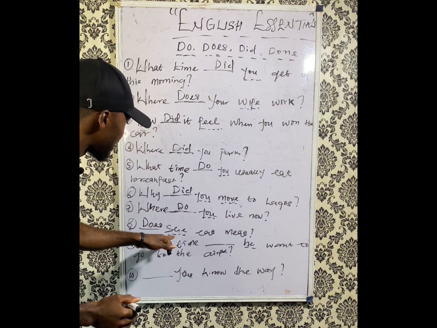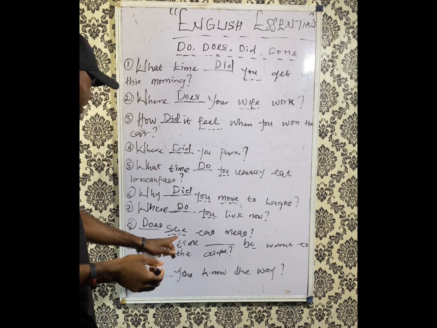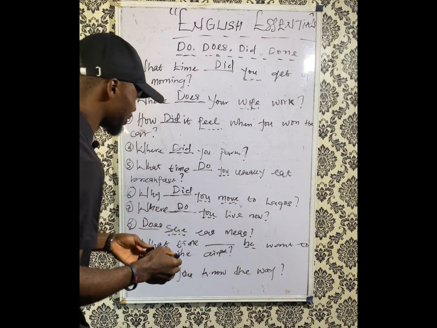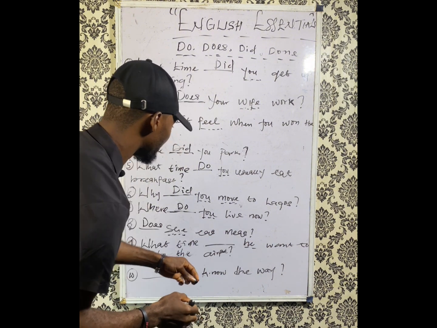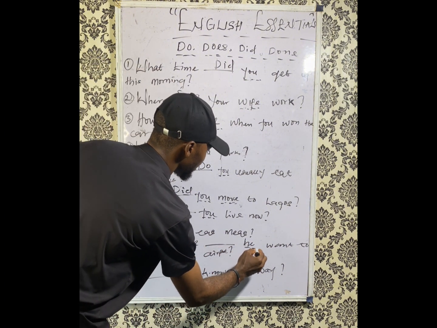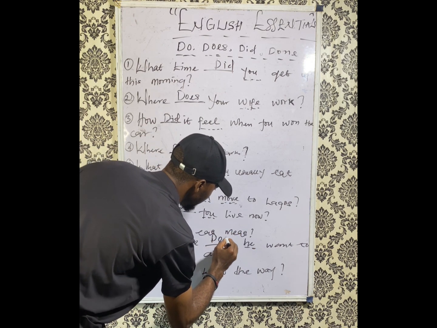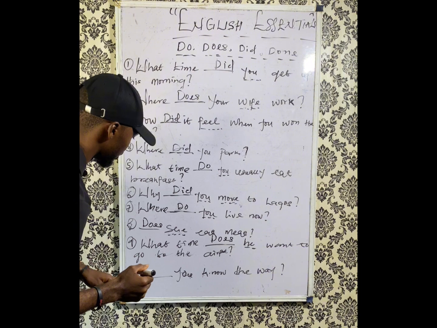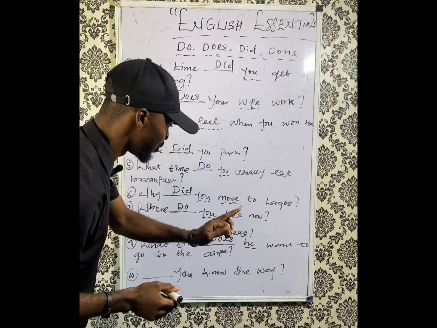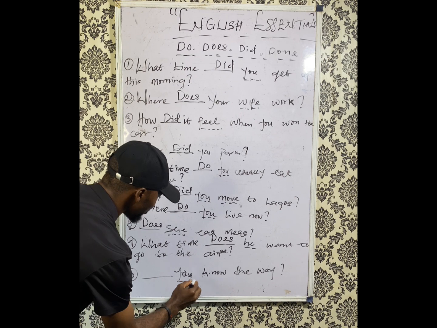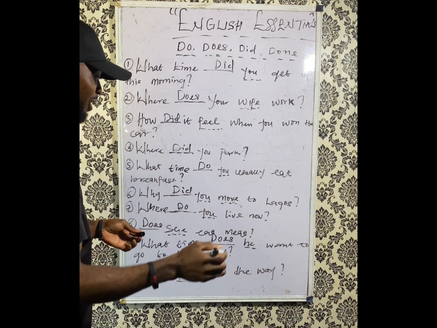Assuming what is here is we, we now say, do we, or what is here is they, do they eat meat? So number nine says, what time does she want to go to the airport? It's still talking about a singular person, so what time does he want to go to the airport? Our number ten, which is the last one, says, does you know the way? With you, it will be, do you know the way?